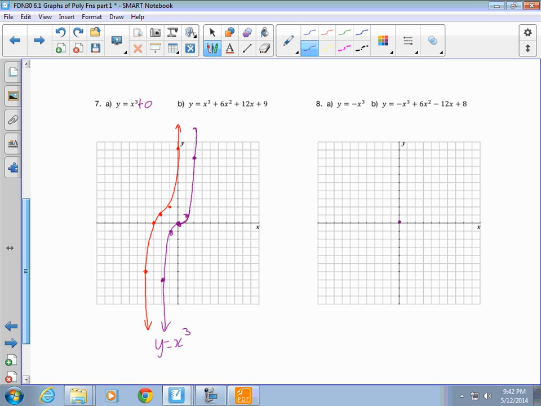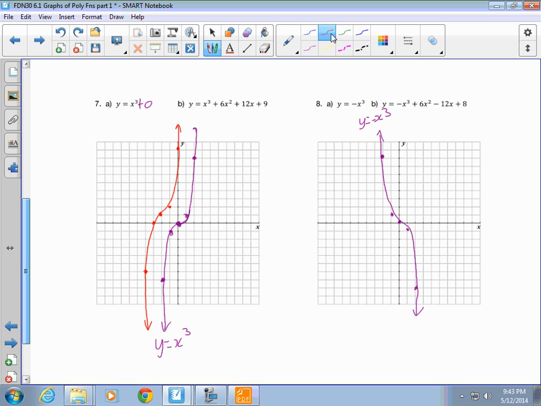We'll have here, here, and here, and then up. So the graph is going to go like so. Let's pretend it actually went through those points. So that's y is equal to negative x cubed.